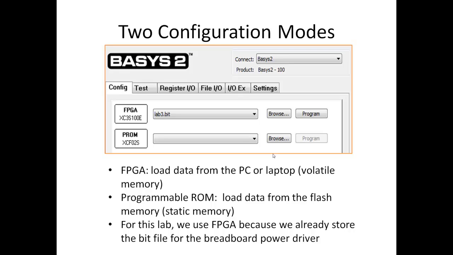One is the FPGA mode, as you can see here, and the other is a PROM mode. For this lab we'll be using FPGA mode. Keep in mind, when you turn off your Basys 2 board and turn it on again, you need to reprogram the chip if you are in the FPGA mode. However, if you are in the PROM mode, you don't have to do that.